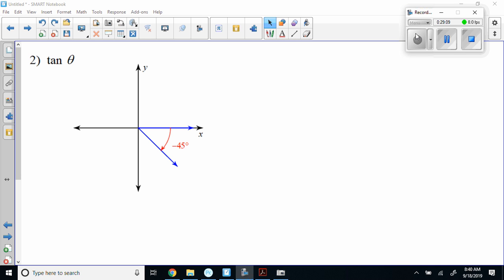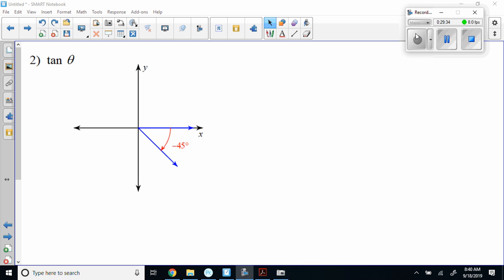So what do you think we ought to be working in terms of? If I have a negative 45 degree, what is another name of an angle that would be the same as negative 45? Positive 315, right? Negative 45 and positive 315, right?